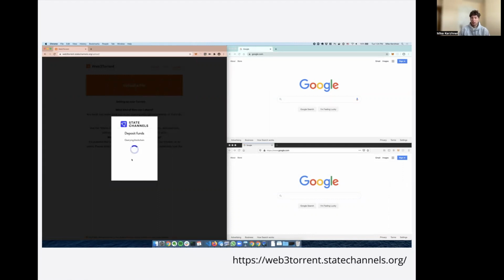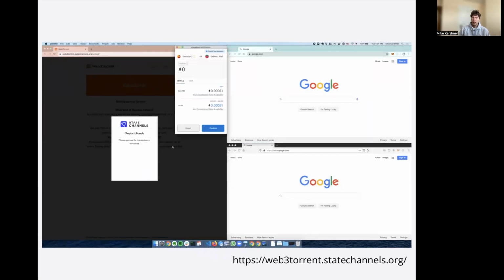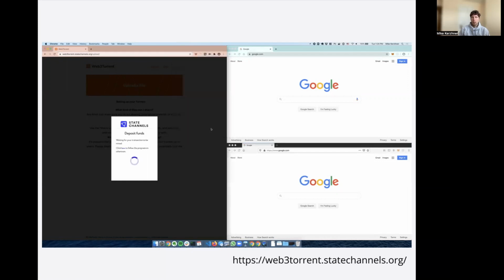So in this case, they're just browsers. And all of these nodes connect to the payment network. So on the left, you can see currently one of the nodes depositing funds into the network in order to be able to interact with that network.